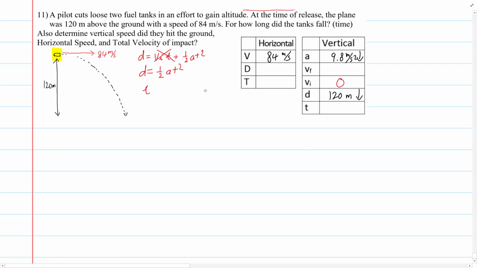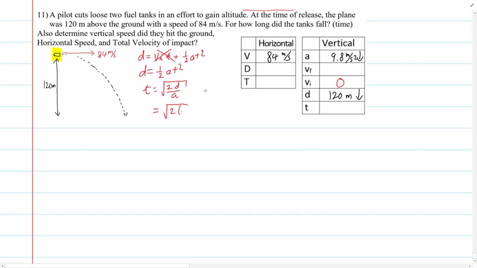Rearranging it, we get t is equal to the square root of 2d over a. Now, realistically, it's plus or minus, but we're not going to have a negative time. You can't land seconds before you let go of it.